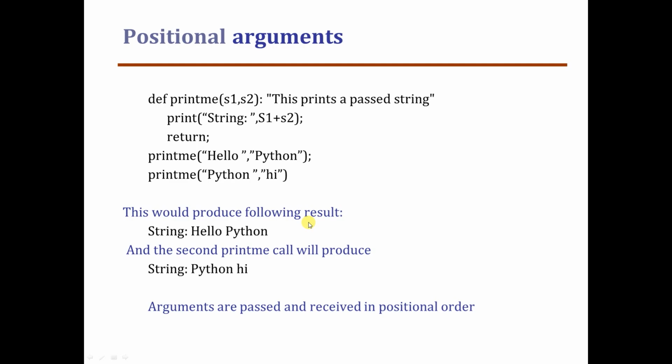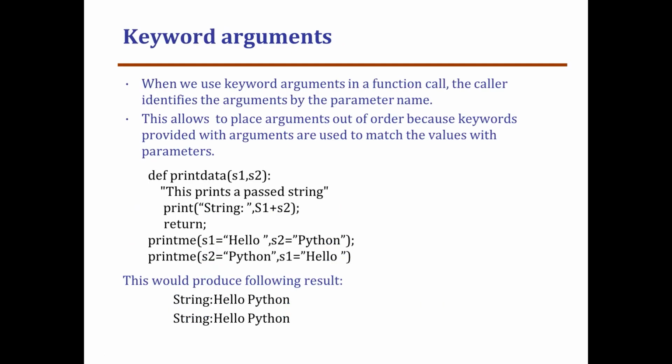That's clearly given in the example: for the first call we pass hello and Python, two different arguments, and they are received in the same order. In the second call, Python and hi are also received in the same order, and we can see the output also. So arguments are passed and received in the positional order.